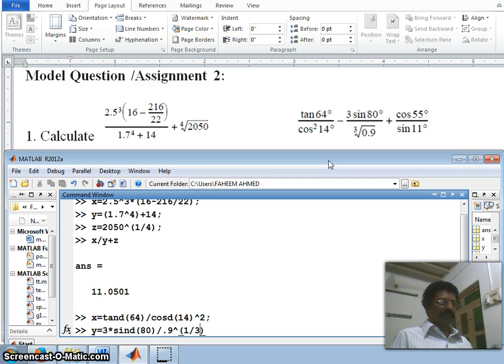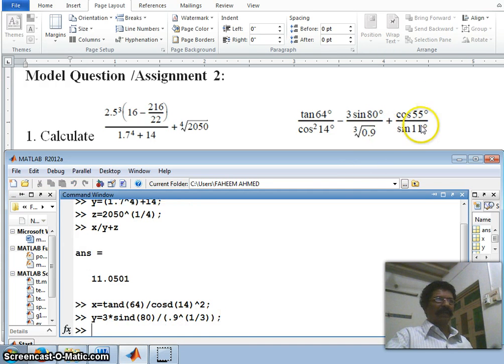If you have confusion, you can take this as the entire denominator, and of course this is a single term, therefore a bracket is not required. Alright, this I have taken as y. Then the next term is z equal to, this is also in degrees, therefore z is equal to cosd of 55 divided by sind of 11.